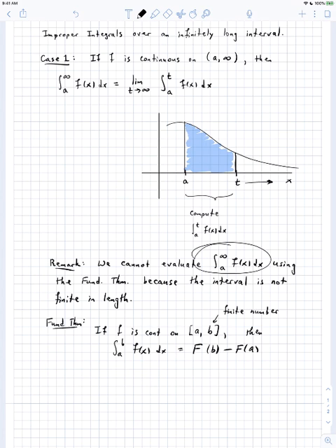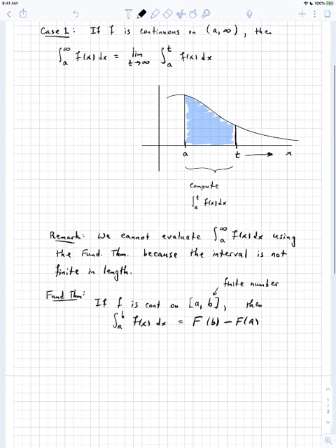But that doesn't apply here because b is infinite in this case. So the fundamental theorem doesn't apply.